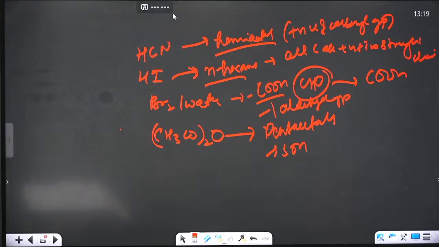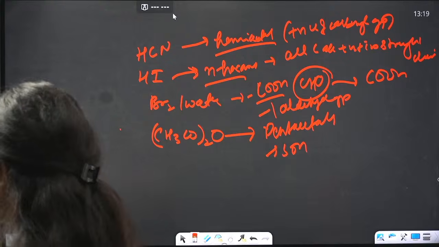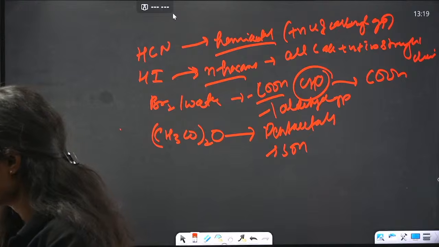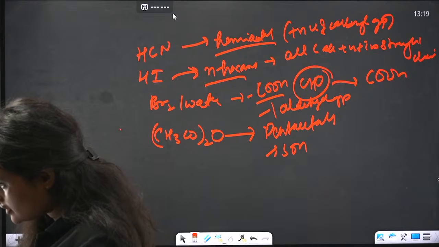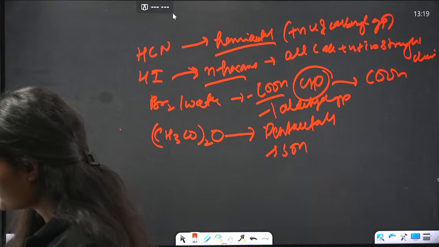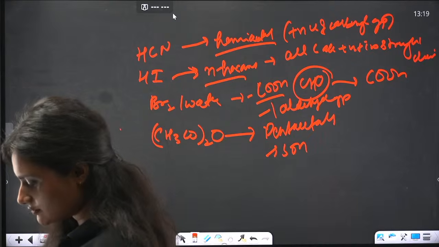I can explain a little bit about the chapter. I'll just explain what I think is necessary from biomolecules. I have noted it down somewhere. Give me just 1 second.